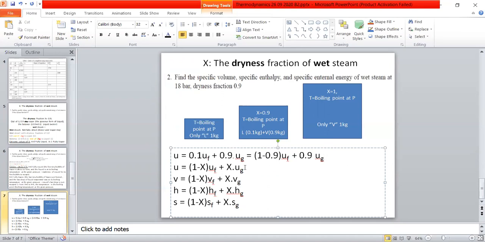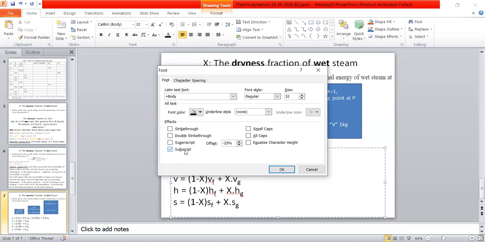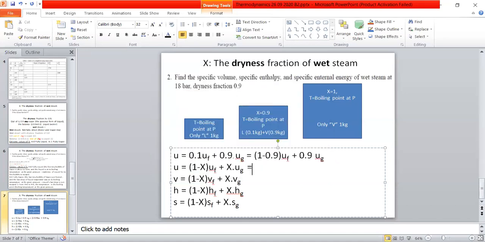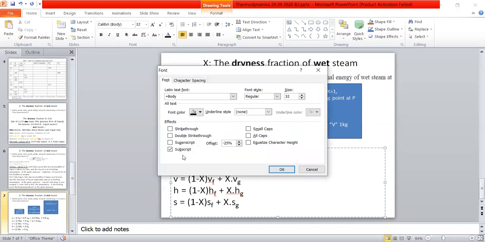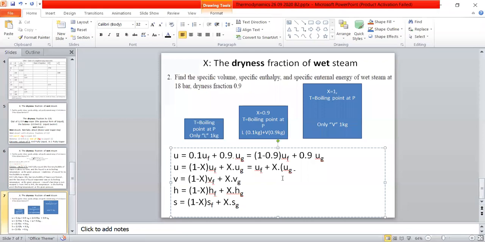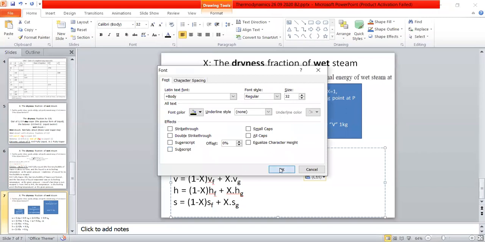So you can really rewrite this if you need in this way: UF plus X times UG minus UF.